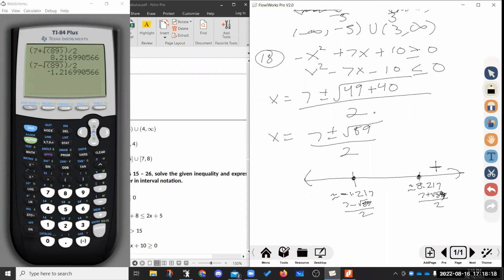This is only going to be a factor one time, so it's going to change sign when I cross, and then it's going to change sign again when I cross over here. And so I want something that is less than 0 in here. So my answer in interval notation is everything between 7 minus root 89 over 2 and 7 plus root 89 over 2. That's my exact answer.